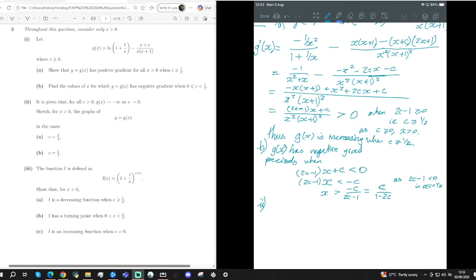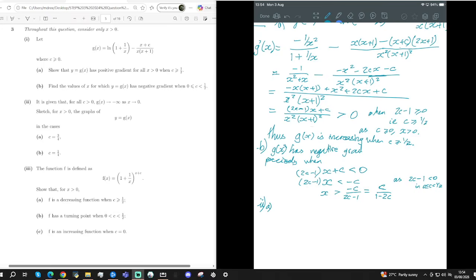It is given that for all c, g of x is going to go to negative infinity as x goes to 0. So it's telling us the asymptotic behavior when x goes towards 0. Sketch for x positive the graphs in those cases.